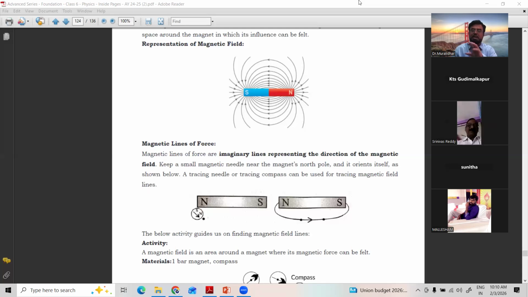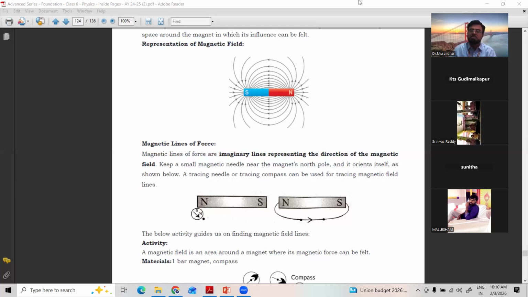Suppose you take an MLA of one constituency. That MLA's power is only applicable within his constituency. The Malkajgiri MLA cannot go to the Secunderabad constituency and rule. The Telangana CM cannot rule Andhra Pradesh because the Telangana CM's region is only Telangana.